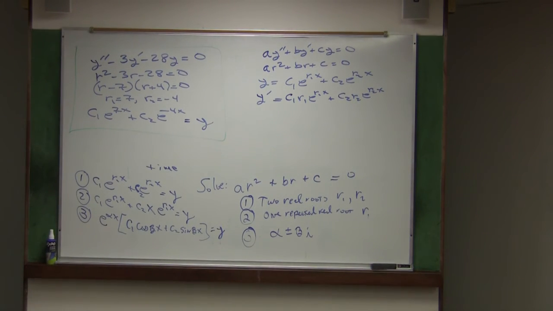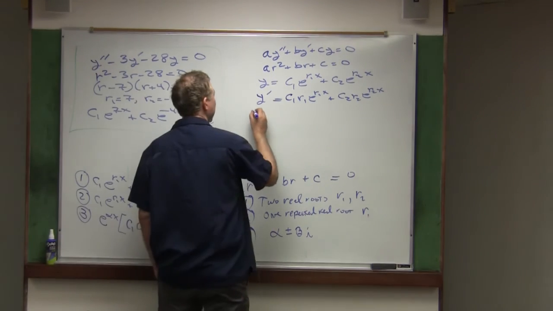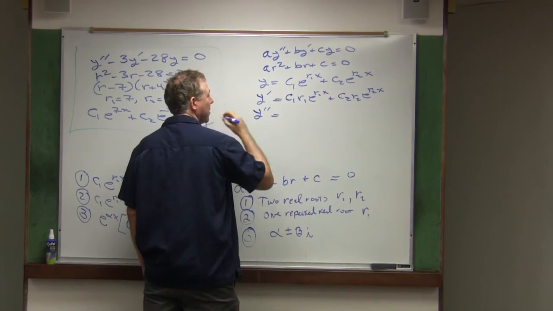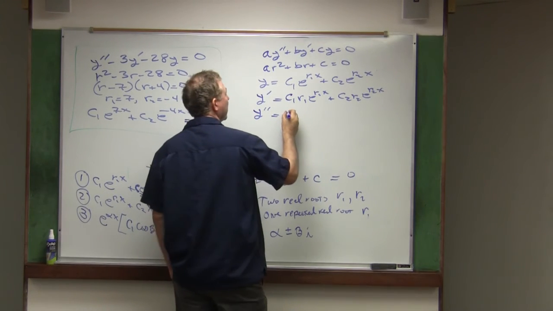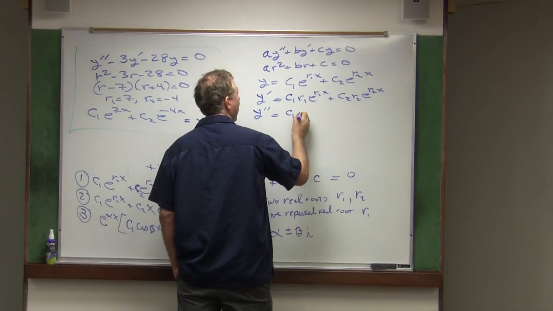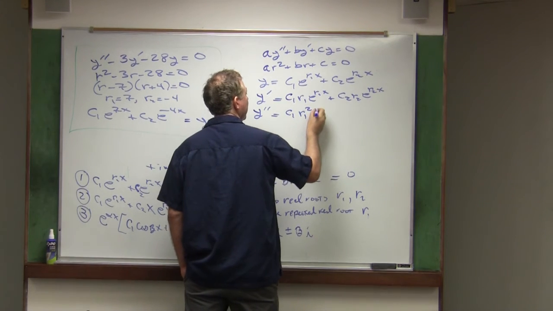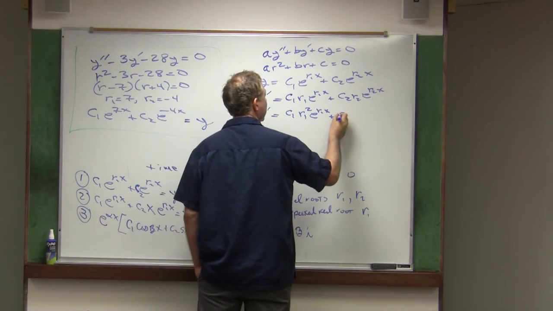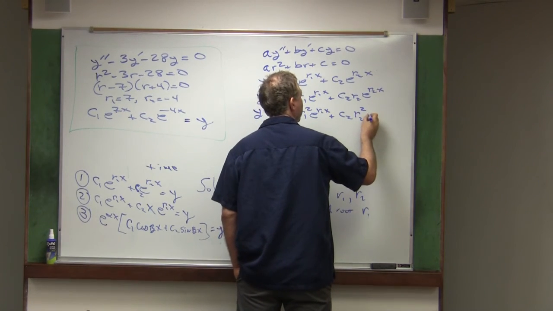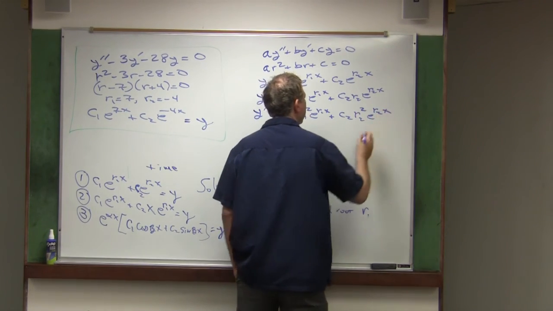And then let's take the second derivative. You do the same thing, multiply by r1 and you get c1 r1 squared e to the r1 x plus c2 r2 squared e to the r2 x.